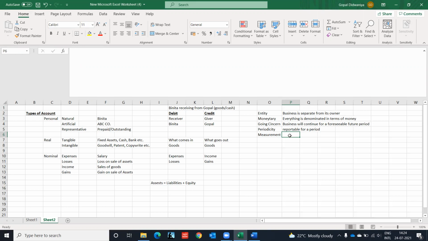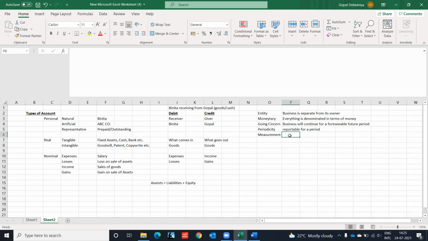Let's say there is a cyclone, just a vague statement. You cannot measure what impact it is going to have on your business. If you can identify what damage that cyclone is going to do to you as a business, then it comes under the measurement principle.